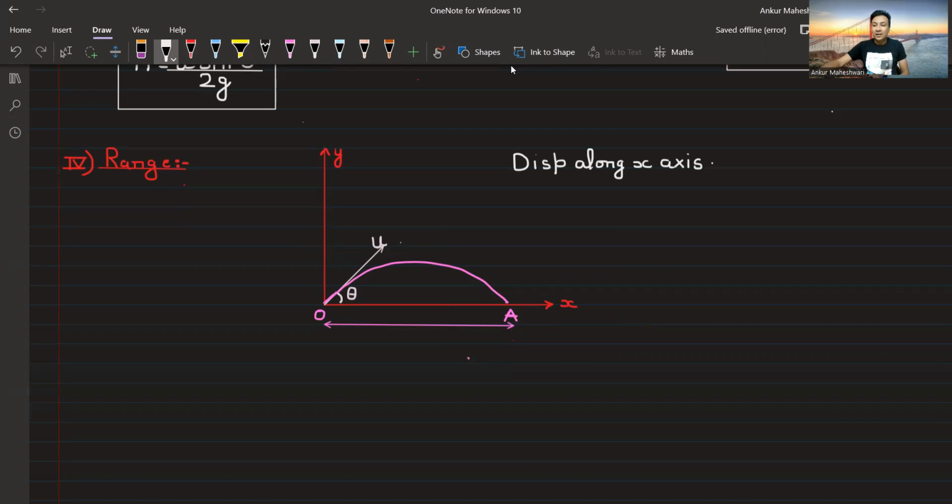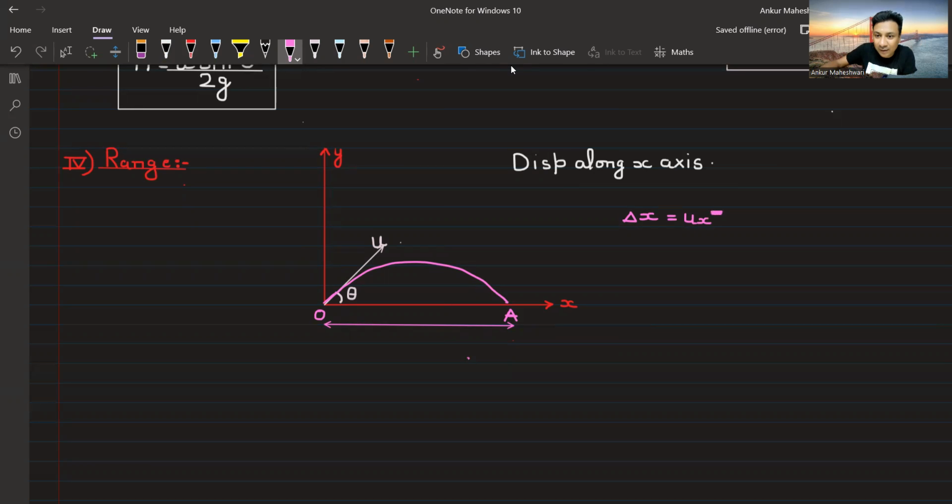So first of all, I need to find this delta x. So this delta x becomes ux. Now, the net displacement along the x-axis is traveled in the time of flight.